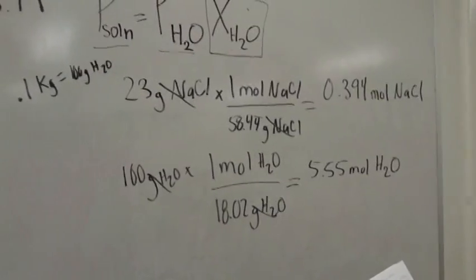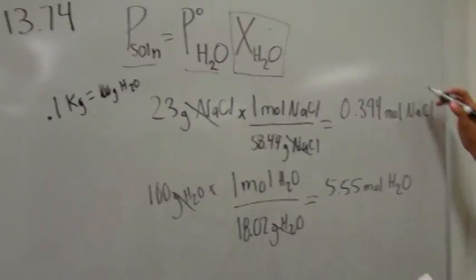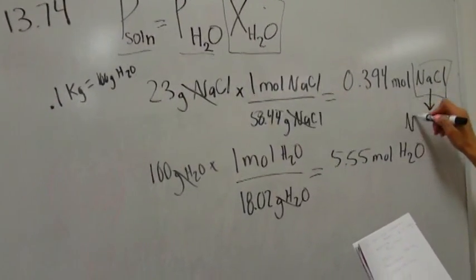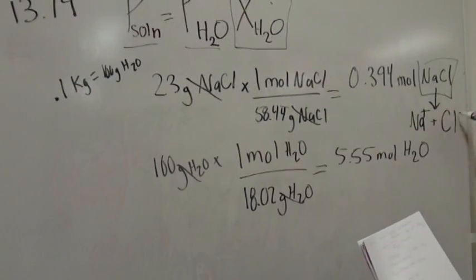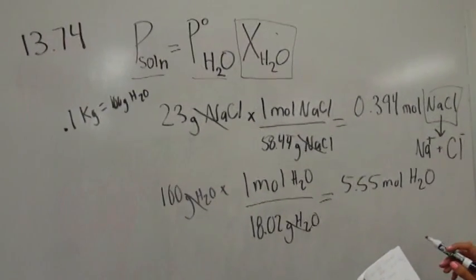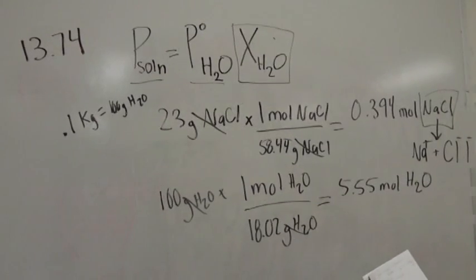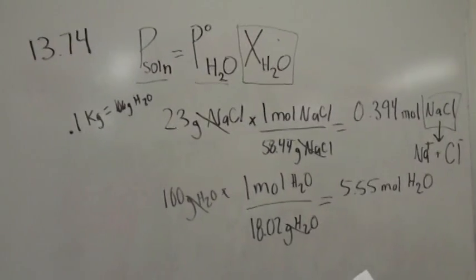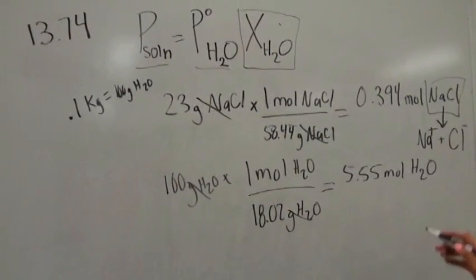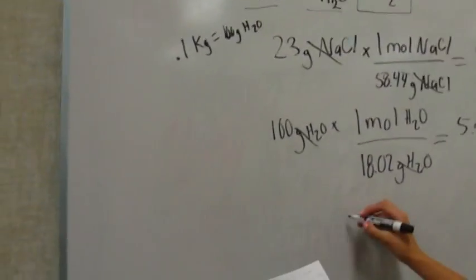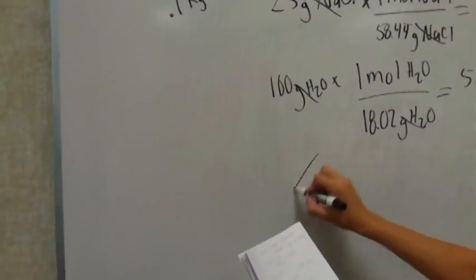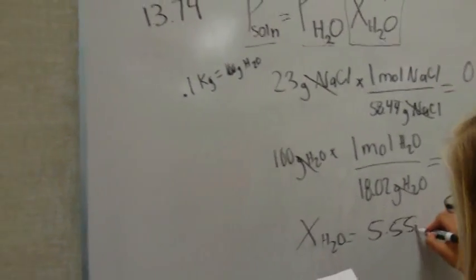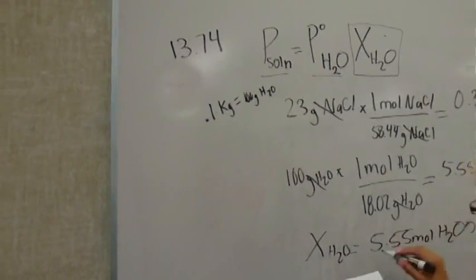The other thing that we need to consider in this problem is that when sodium chloride is put into solution, it actually breaks up into sodium ions plus chloride ions. So when you're finding the mole fraction, you need to take into account everything in the solution. So the mole fraction of water, XH2O, is going to be 5.55 moles of H2O, the part over the whole.